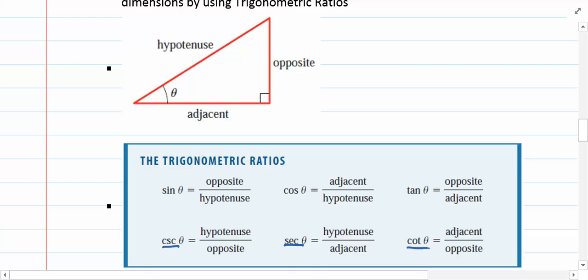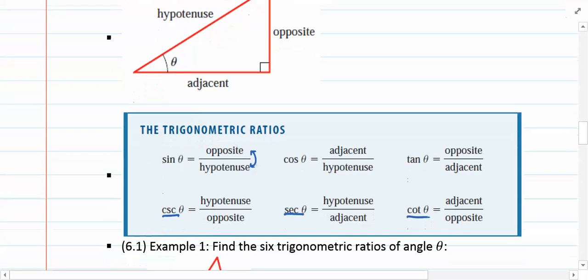If I were to flip these fractions, or if I found the inverse of these fractions, then that would produce the functions below. So the inverse of sine is cosecant. Instead of a ratio of the opposite side length divided by the hypotenuse, we're now looking at the ratio of the hypotenuse divided by the opposite side, or cosecant.